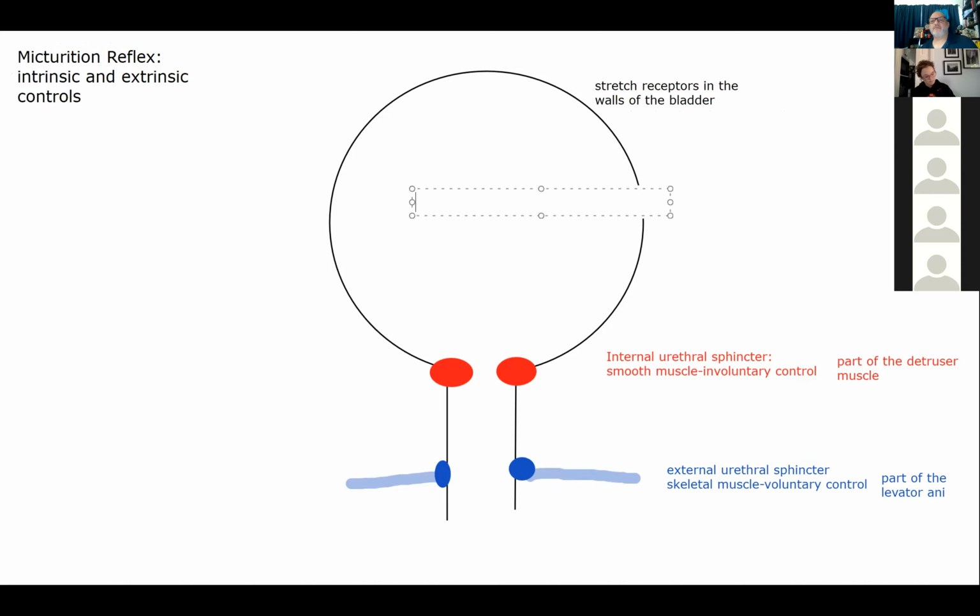So, step one, bladder fills with urine. And of course, as that bladder fills with urine, our bladder stretches.